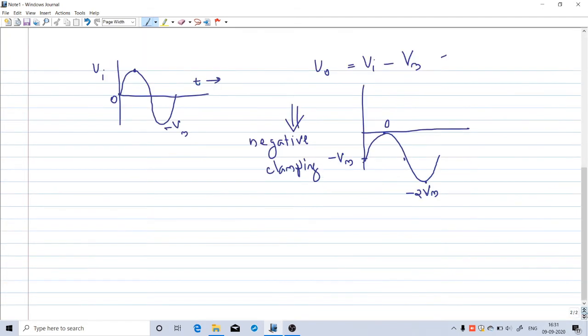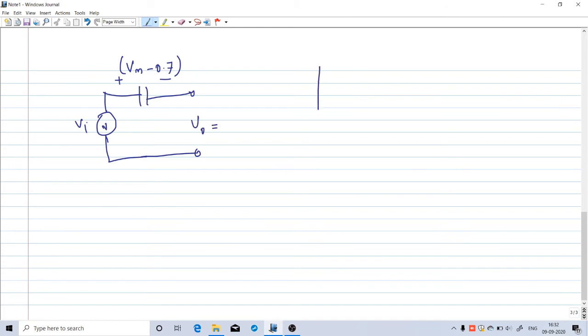So we can draw the output waveform. This is Vi. Now the capacitor is charged only to Vm minus 0.7 volt. This is Vi, peak value is Vm, negative peak is minus Vm.